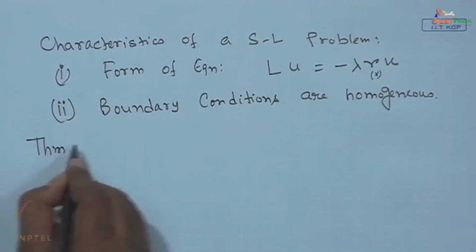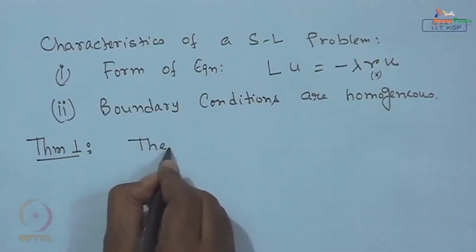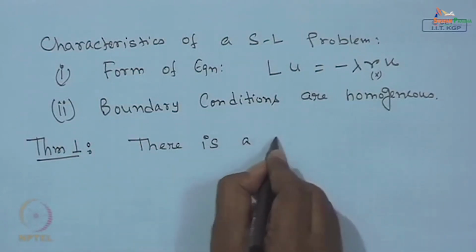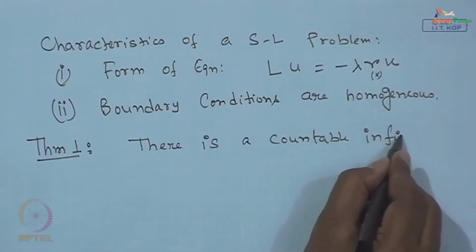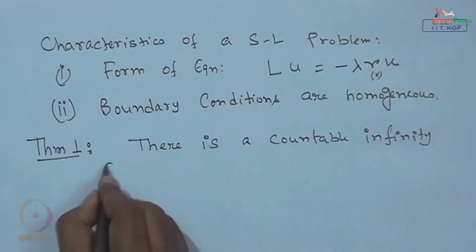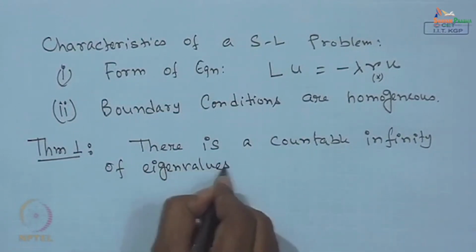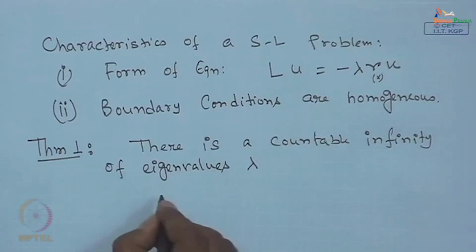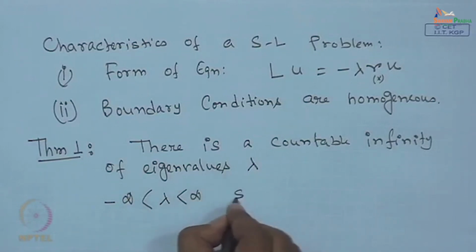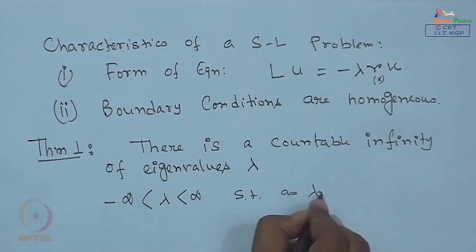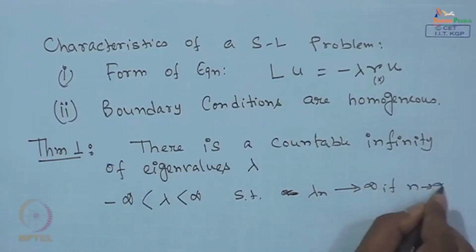The first theorem goes like this: there is a countable infinity of eigenvalues lambda, lying between minus infinity and plus infinity, such that lambda n tends to infinity as n tends to infinity.